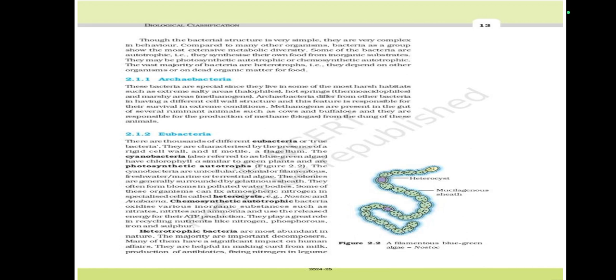The cyanobacteria are unicellular, colonial, or filamentous, in freshwater, marine, or terrestrial habitats. The colonies often form blooms in polluted water bodies. Some of these organisms can fix atmospheric nitrogen in specialized cells called heterocysts, for example, Nostoc and Anabaena.